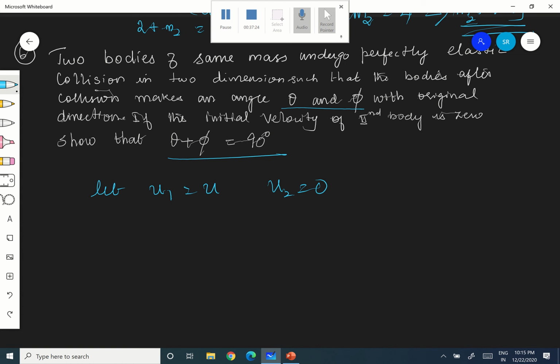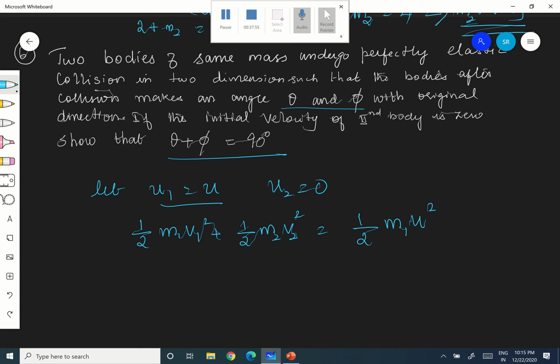Now, because it is a perfectly elastic collision, you have 3 equations here. What are the 3 equations? First, kinetic energy: half m1 v1 squared plus half m2 v2 squared is equal to half m1 u1 squared, where u1 I have taken as u, so u squared, plus half m2 u2 squared, which is 0.